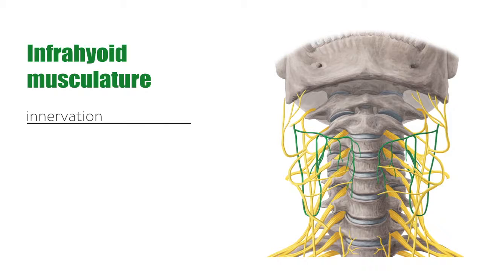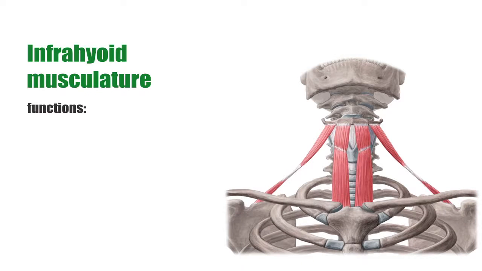All four infrahyoid muscles are innervated by the deep ansa cervicalis, which arises from the cervical plexus. And we see here the ansa cervicalis highlighted in green. Now we're going to look at the different functions associated with the infrahyoid muscles.